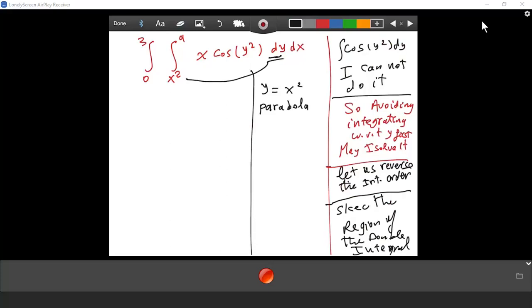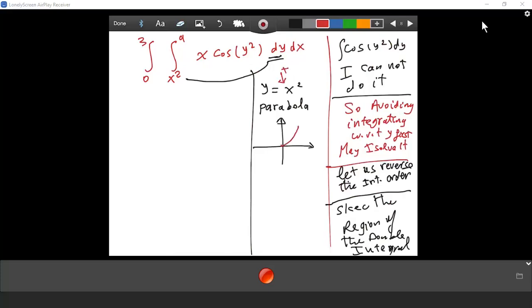And its vertex, okay, is at 0 and 0. Okay, so yes, I know it is a parabola and its vertex is at 0 and 0. Going concave up or concave down? Concave up because it is positive here. Here you have a positive, right? So if it is positive, it will be here.